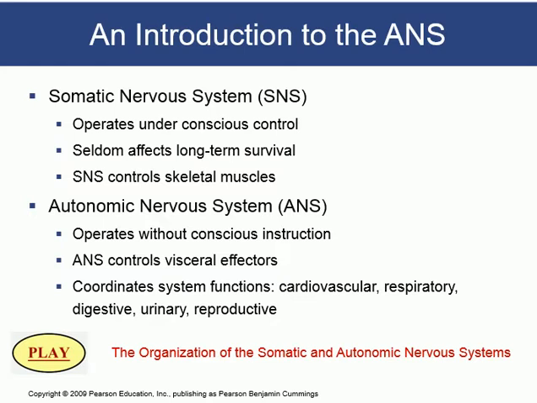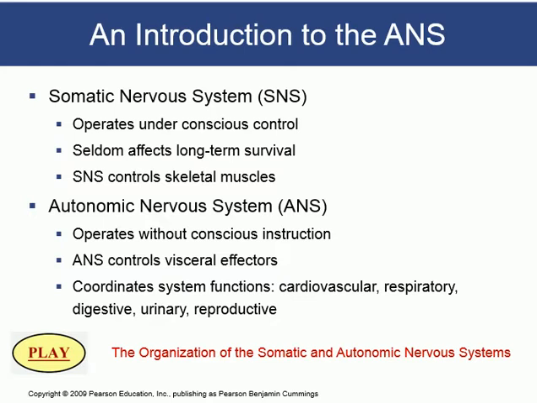Somatic nervous system is your conscious control, your conscious level. And this is what you do voluntarily. Basically, the muscular contraction, the skeletal muscles. So somatic always go to the skeletal muscles. Autonomic is always visceral. Okay? Somatic, skeletal muscles, conscious.